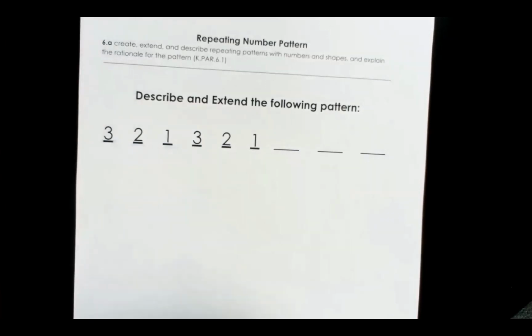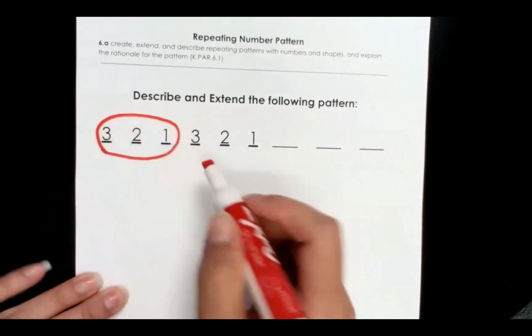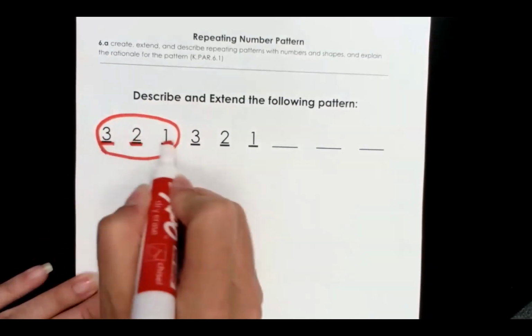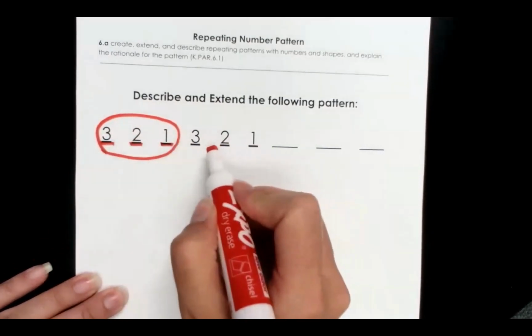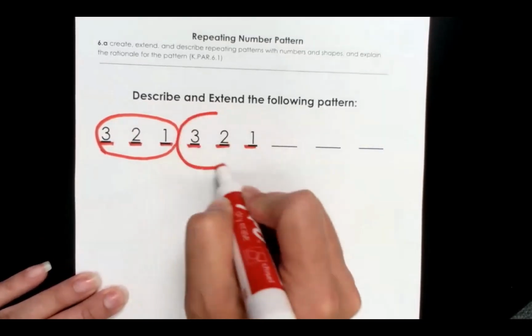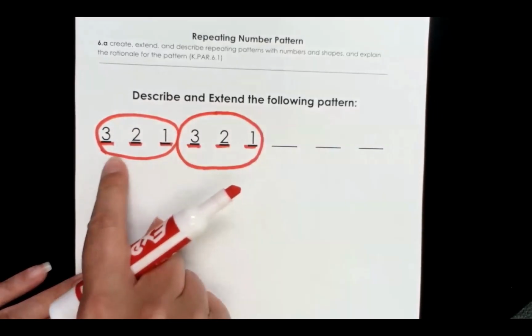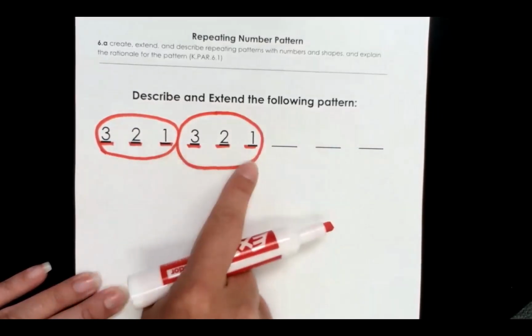So I'm going to circle the core, 3, 2, 1, and then I see that core repeats again, 3, 2, 1. So I'm going to circle that core. Now I know that the core is what's repeating, 3, 2, 1, 3, 2, 1.